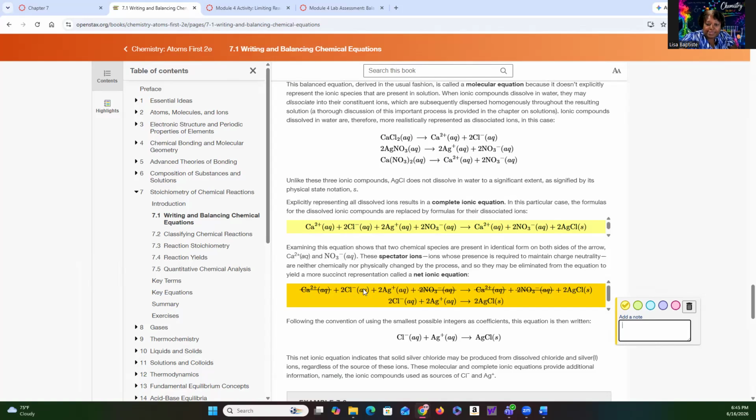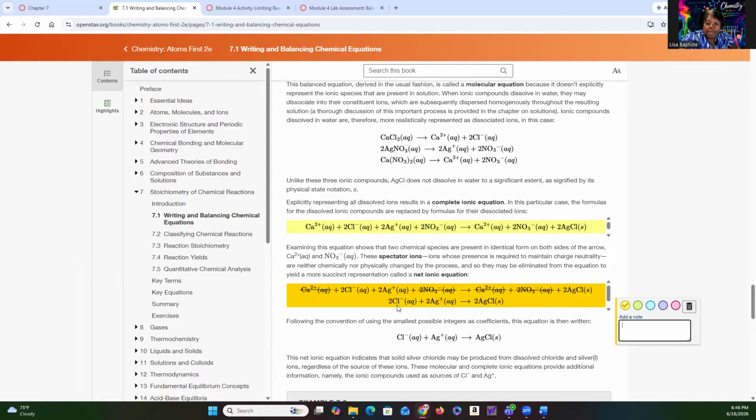Chlorine, 2Cl minus, is aqueous here, but it's a solid here, so we want to keep that. 2Ag plus aqueous is aqueous here, but solid here. We want to keep that. 2NO3 minus aqueous is 2NO3 minus aqueous on the product side and the reactant side. So that's a spectator. Now we want to write down what is left.